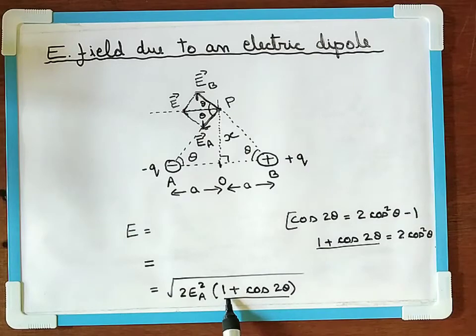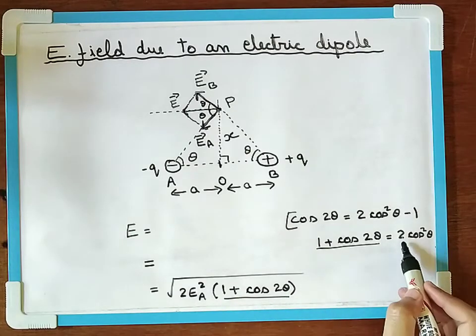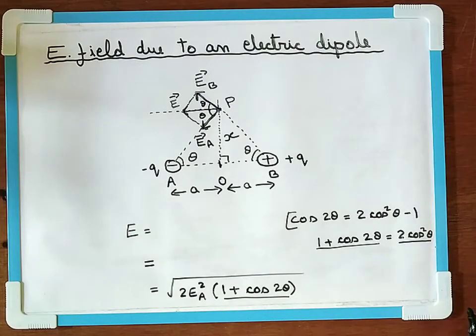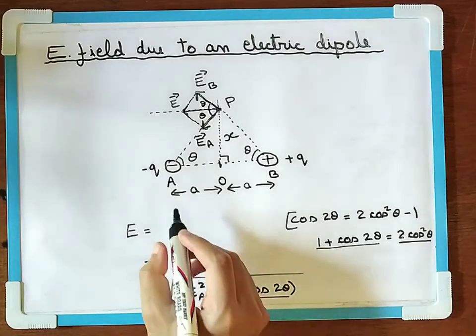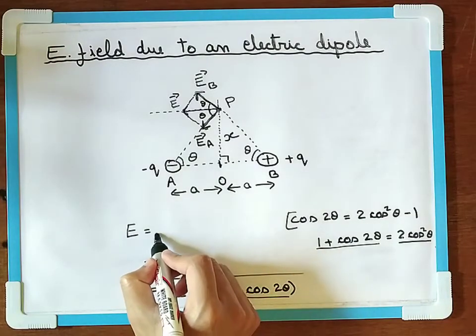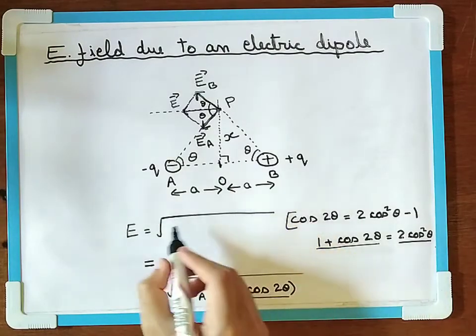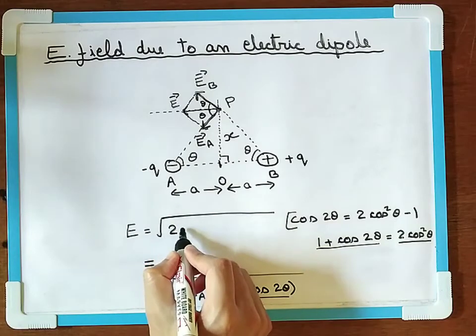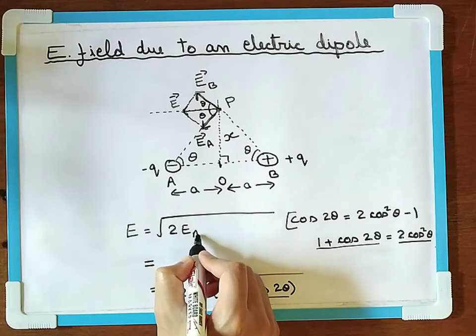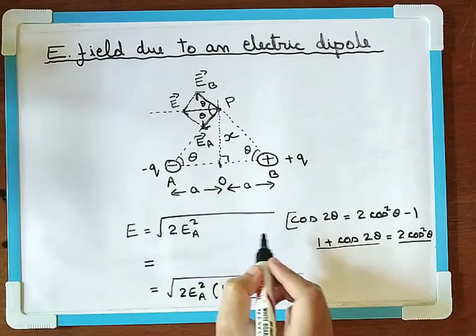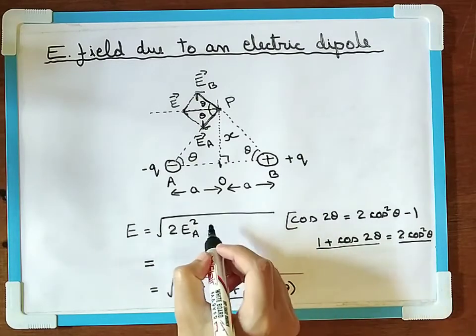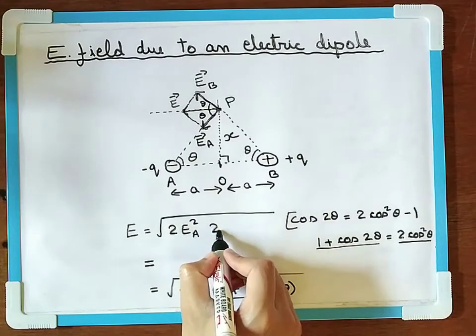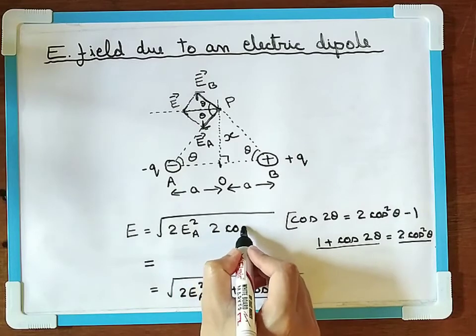So instead of 1 plus cos 2 theta here, I'll put 2 cos square theta. So your E is equal to root of 2 EA square, then 2 cos square theta.